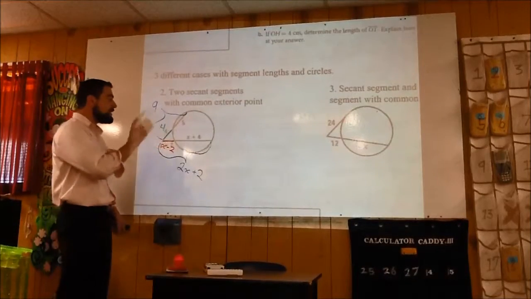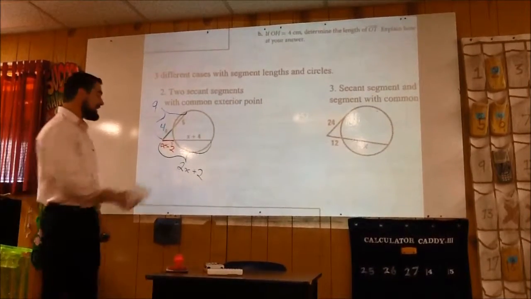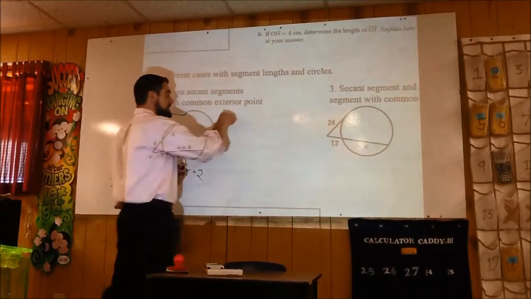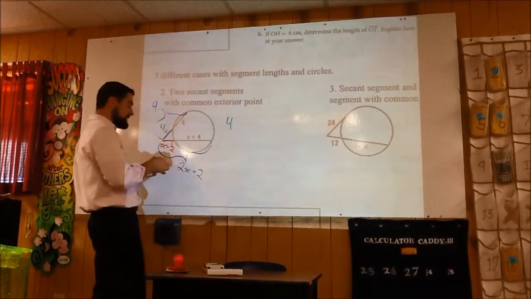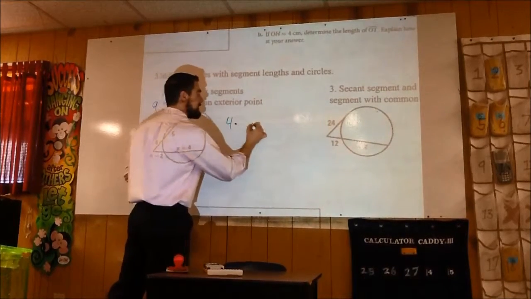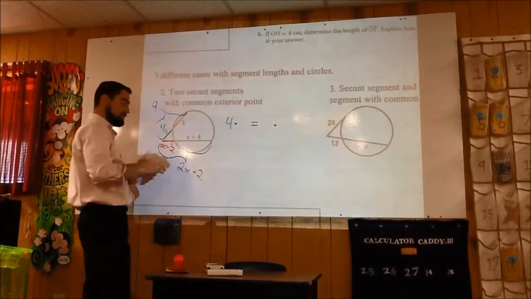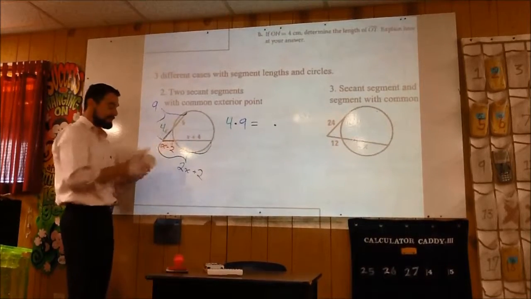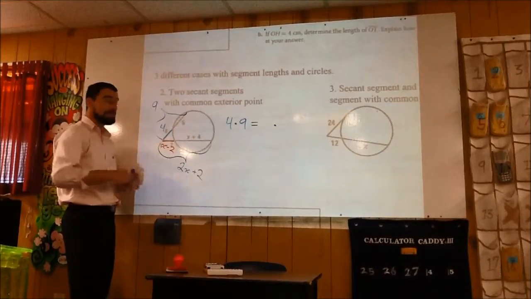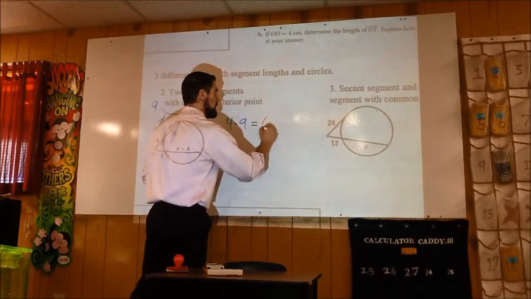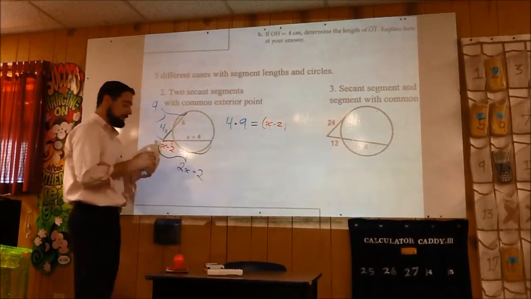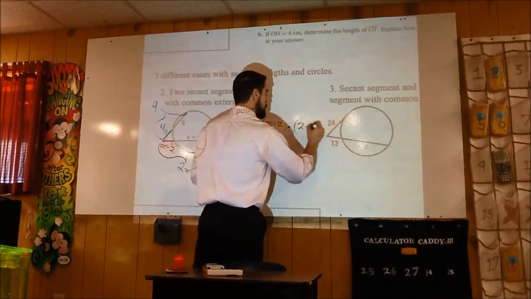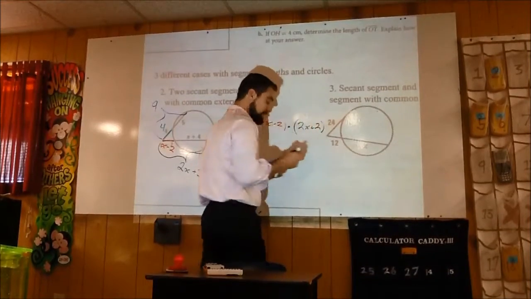Because similar triangles are formed, we take the outside portion and multiply it by the whole. In this case it would be 4 times 9. Outside times whole. And that's always going to equal, looking at the other secant segment, same rule, outside, which is x minus 2 for that guy, times the whole, which is 2x plus 2.